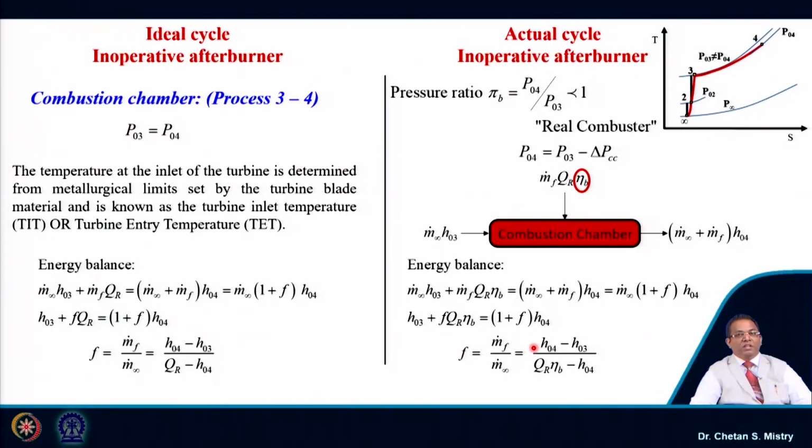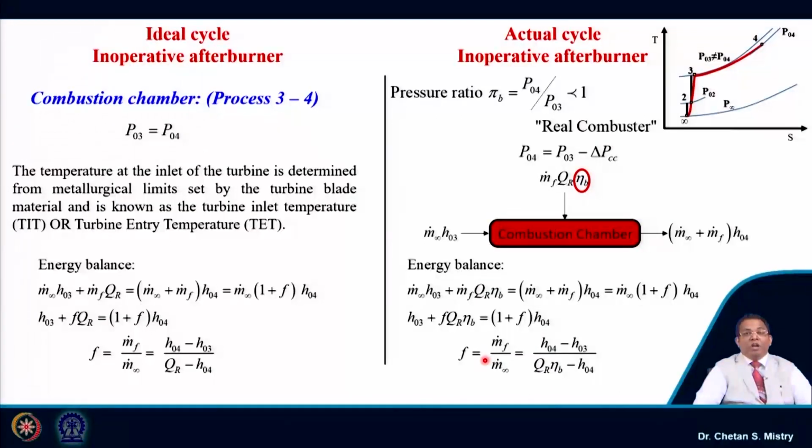Suppose I know my turbine entry temperature, based on that I can calculate my fuel air ratio. There are other considerations where I will know the fuel air ratio, and based on that I will try to put the turbine entry temperature.